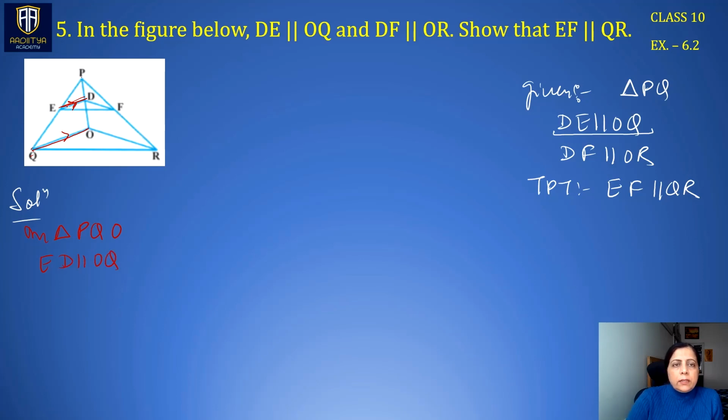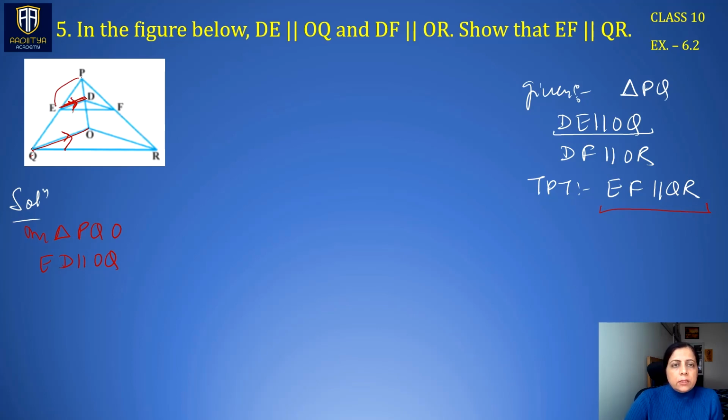So what can we write in terms of the basic proportionality theorem? See here, you are not required to find any ratio. You have to prove two sides parallel. So in the final result, we will be required to use the converse of BPT, right? So right now I am taking this ED parallel to QO.